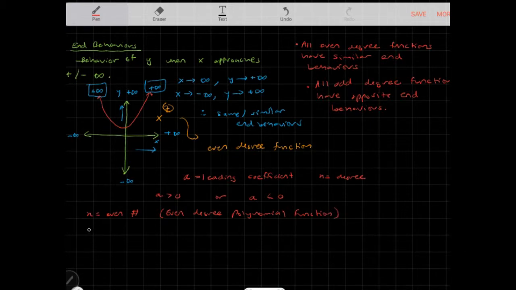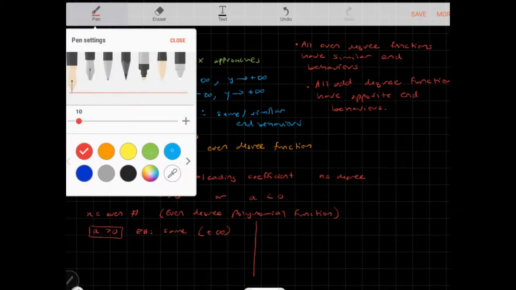However, if A is positive, then what you're going to see here is that the end behaviors are going to be the same, because all even degree functions have the same end behavior. I'm going to use EB for end behavior. The end behaviors will be the same, but they'll always point to positive infinity.